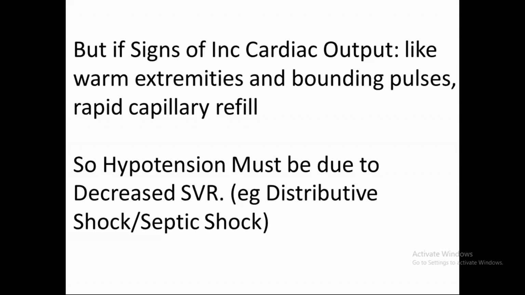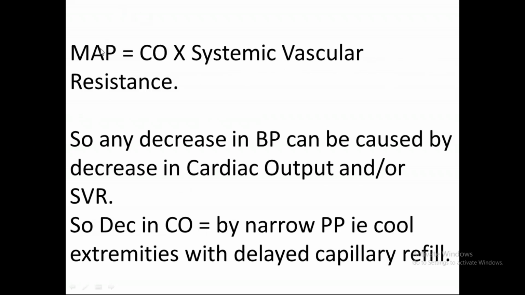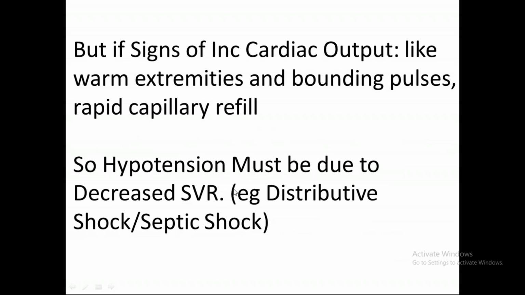That can only mean that the hypotension must be due to a decreased systemic vascular resistance. Because for hypotension to occur, either the cardiac output will decrease or the systemic vascular resistance will decrease. So if there is less mean arterial pressure and cardiac output is raised, the only thing left is that the hypotension must be due to the decreased systemic vascular resistance. This is classical of the distributive shock, also known as the septic shock.